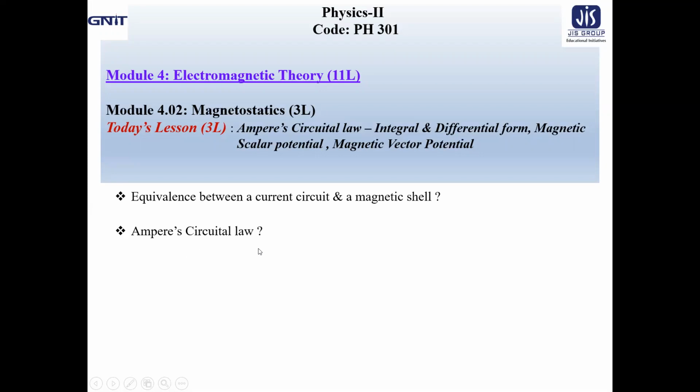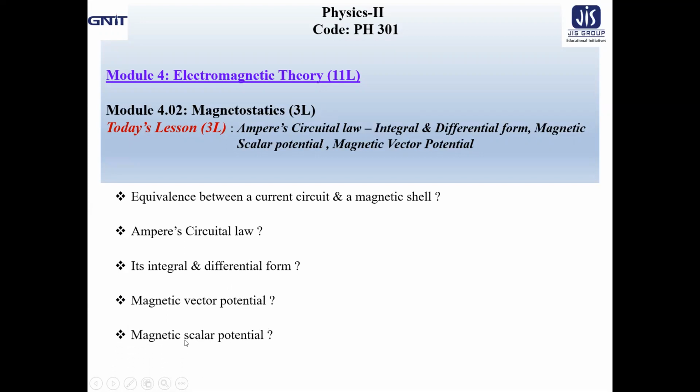Then we will address its integral and differential form, how to get them, and their specification. Why do we need both of them? Next, we will define the magnetic vector potential and its specialties. Then we will search for magnetic scalar potential. Then we will go for a few questions which were set in previous years in the universities.